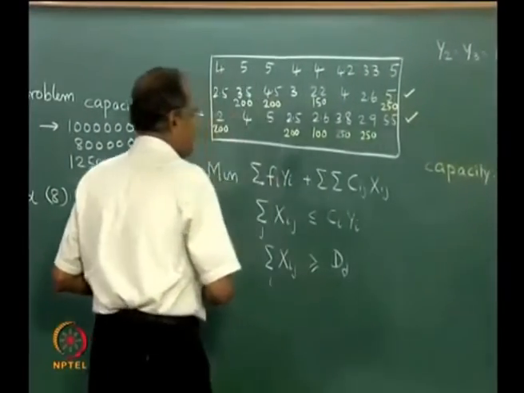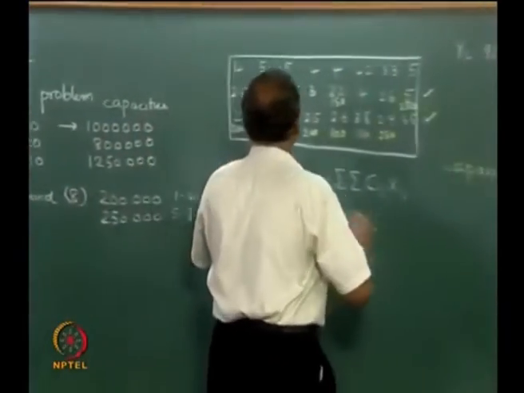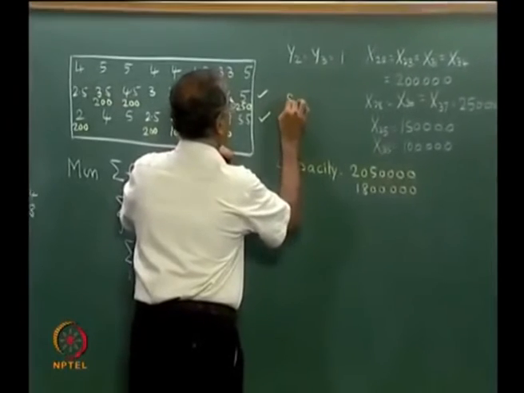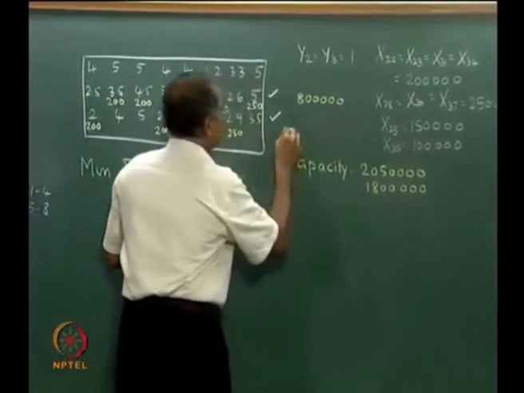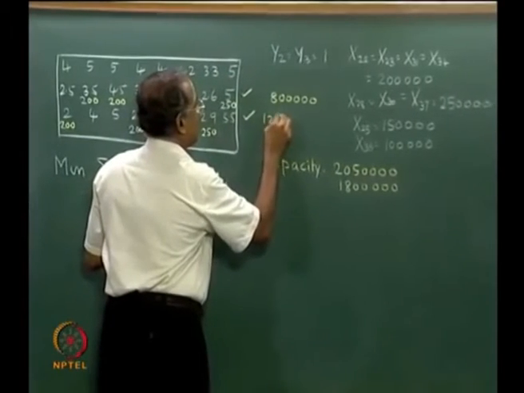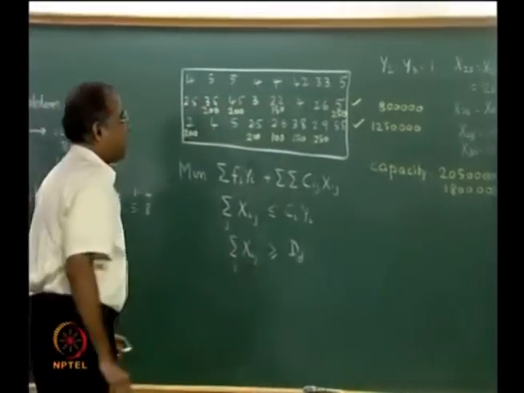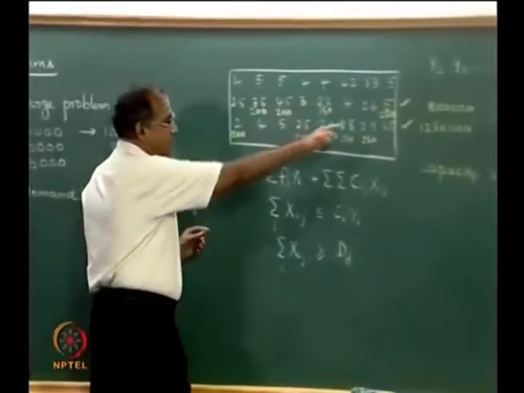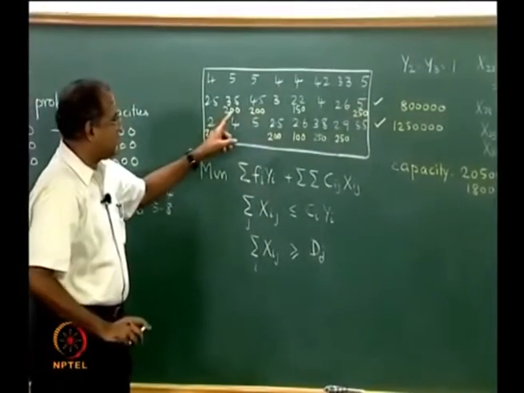Now, we realize that this capacity is 800,000, and this capacity is 1,250,000. This 800 capacity is utilized like this: 200, 200, remember these are in thousands.